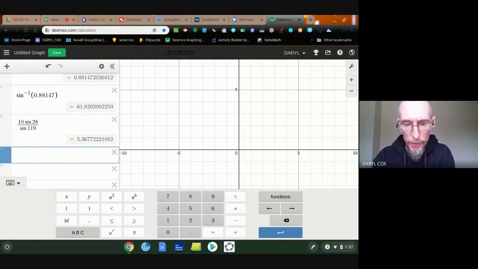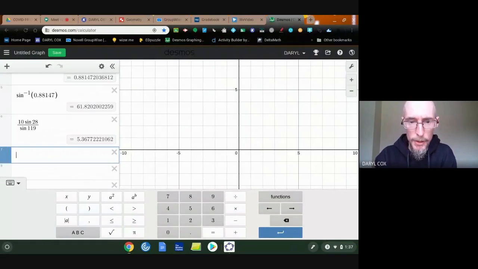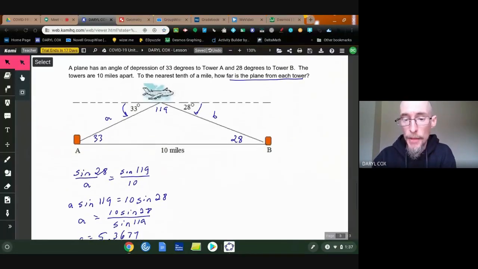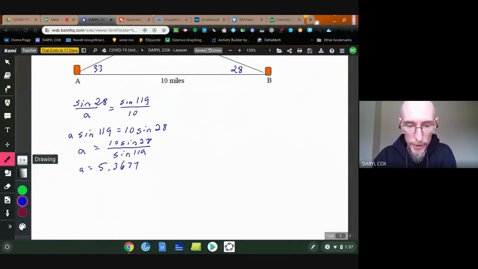So that length should be 5.3677. So A is 5.3677. Make sure I rounded that properly. Yes, I did. Let's see, did they round it to the nearest tenth of a mile? Always go back and check what you're rounding to. So that means that this is going to be 5.4 miles.